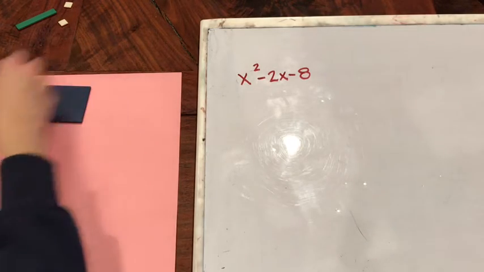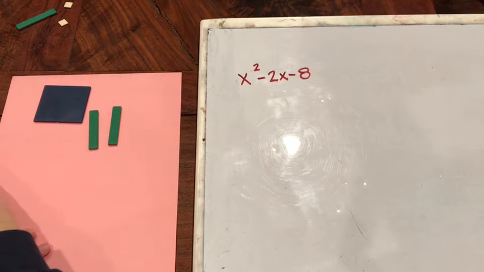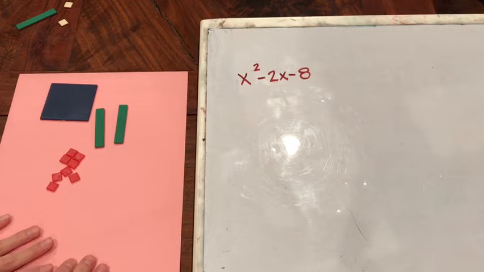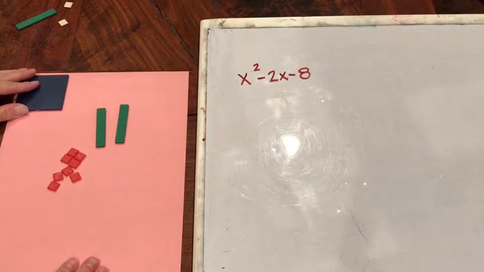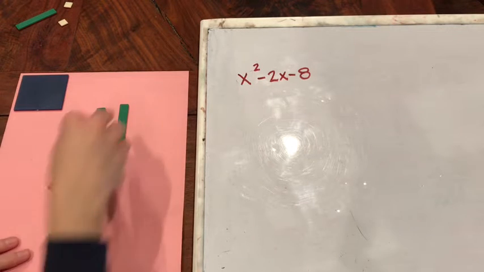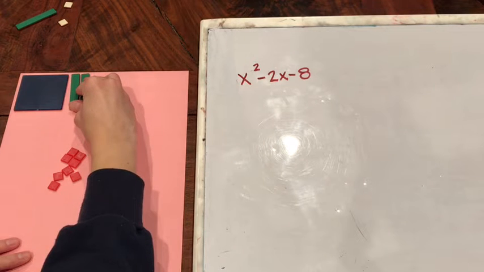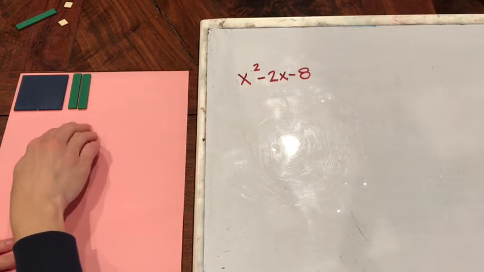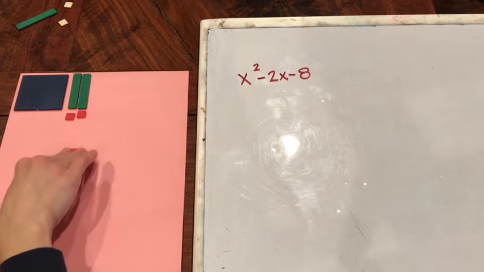I have an x squared, I have minus 2x, and I have minus 8. So I'm usually going to line my x squared up in this corner. I'm going to put these 2 out, and I know that I'm going to have to be adding some 0 pairs because this is just not going to work. But let's see how many 0 pairs I might need to add.